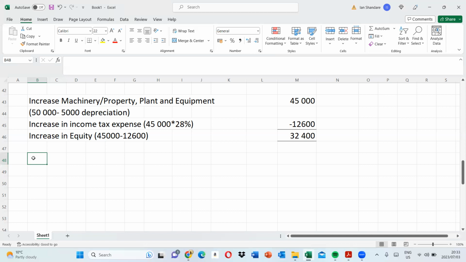So 30 marks will be too extreme. I don't think they'll bring 30 marks on prior period errors, but it can range around 10 to 15 marks. Because remember, they can ask you for the statement of profit and loss, which is where we are going now.